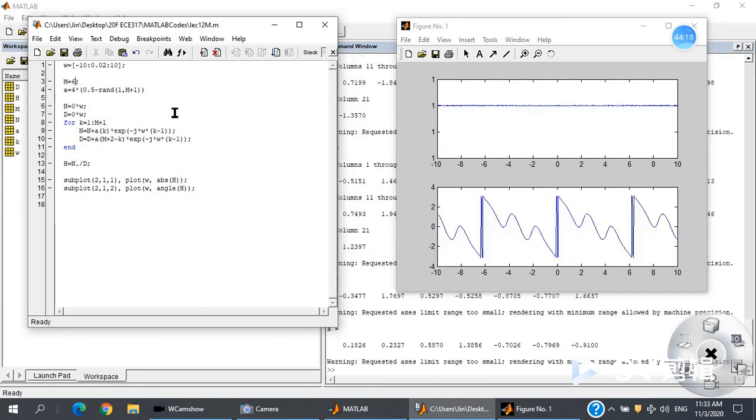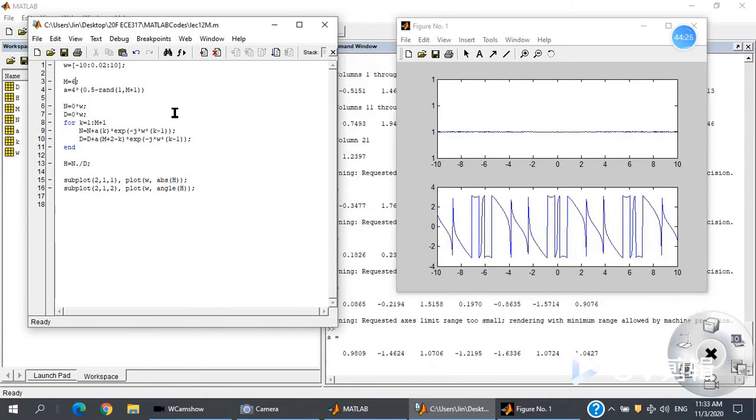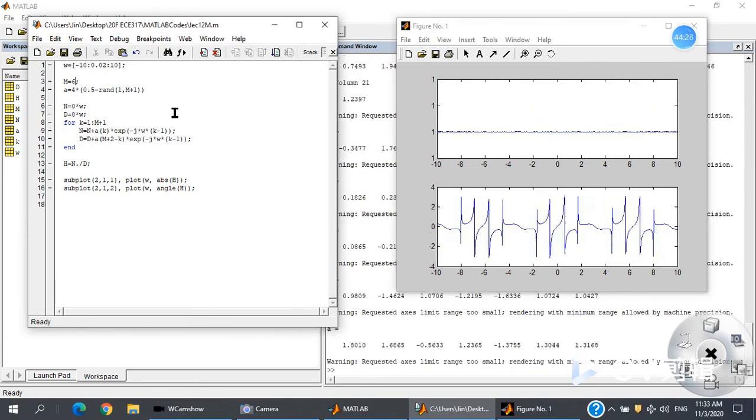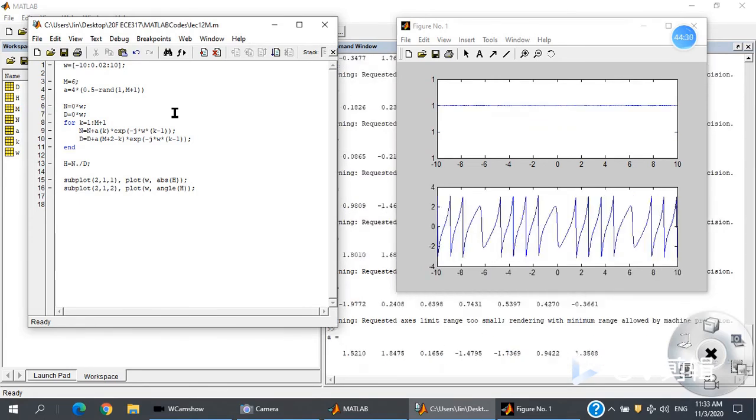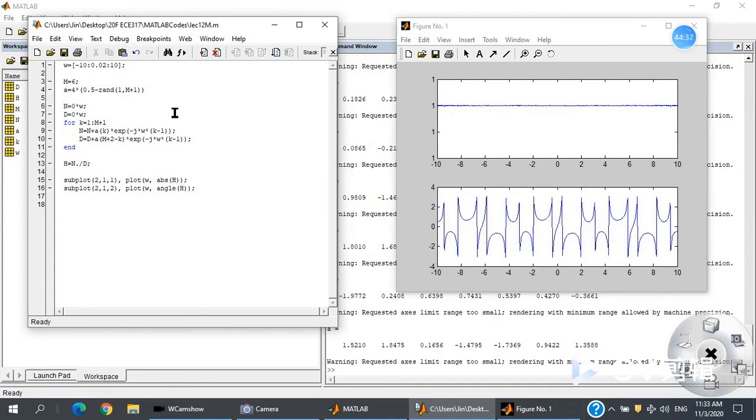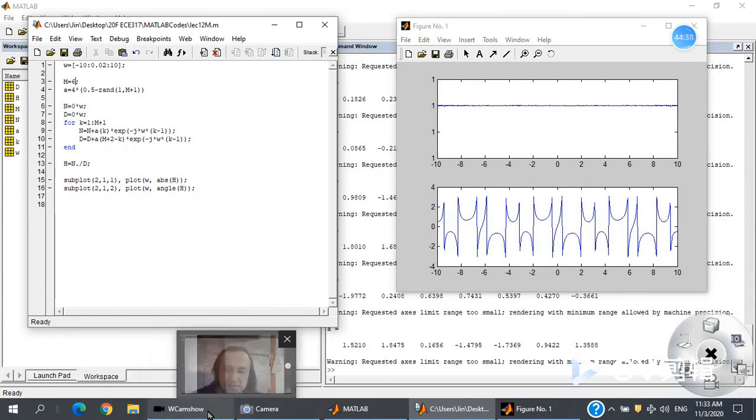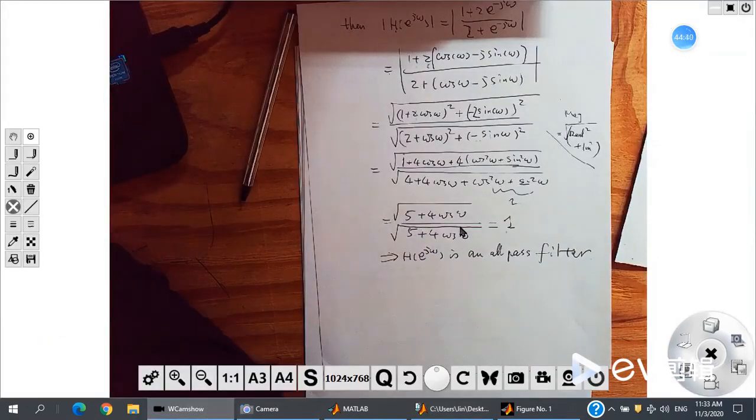Yeah, still complex. Okay, this one looks not so strange, right? Yeah, a different kind of graph in the phase. Okay. All right. This is our all-pass filter.